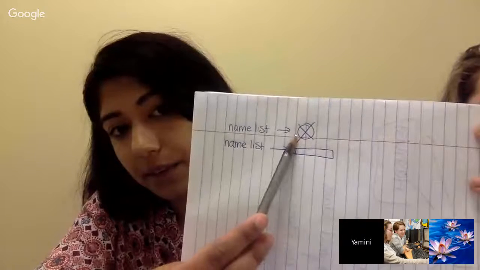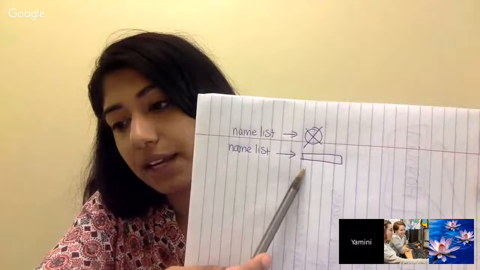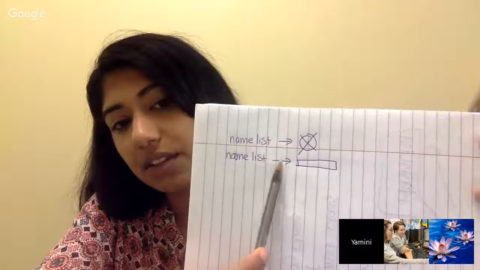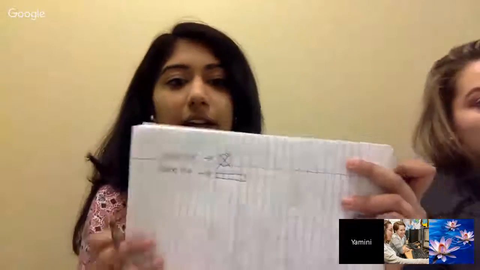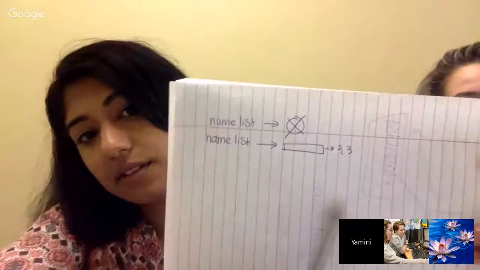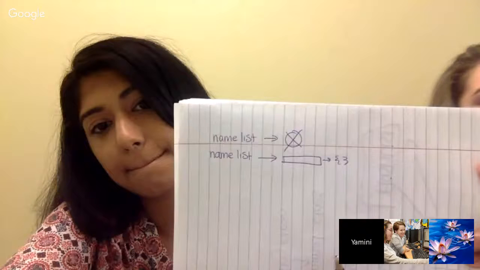The second time we say name list equals array list of strings, we say that it points to an object, which then points, like the object points to nothing. And you're creating an object that equals name list that also points to nothing, which is null.